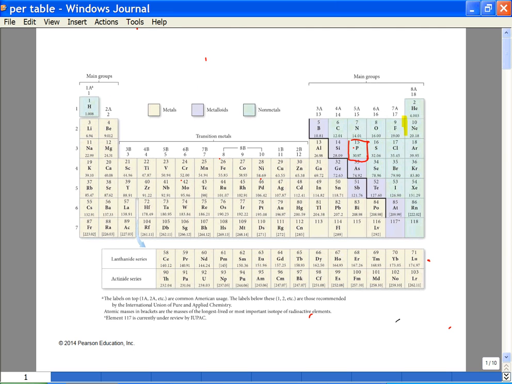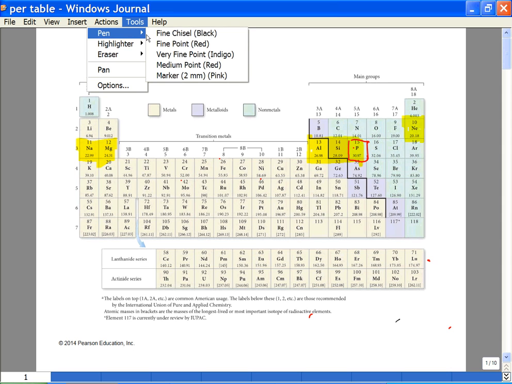The noble gas in the period above phosphorus is neon. We then need to find which block phosphorus lies in. It's in the p block, and the s block has already been filled in the same period before the p block. So that's all we need to do.